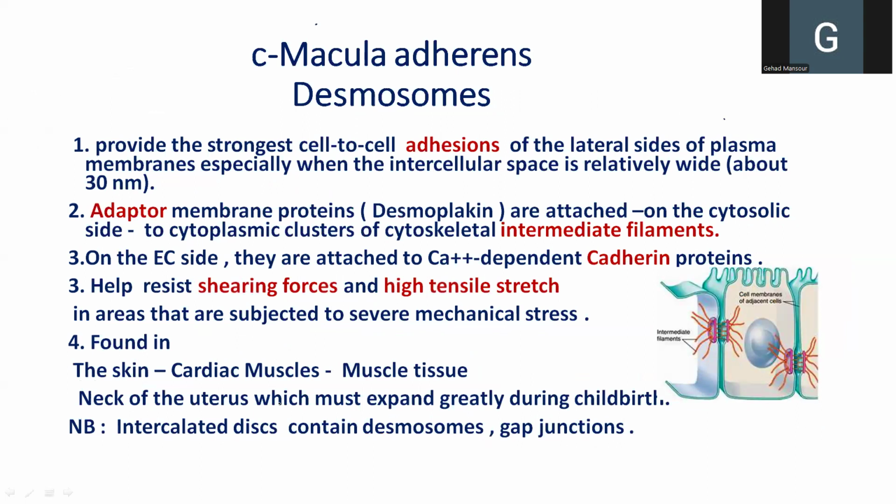The third group are the desmosomes, and the desmosomes are the strongest. So you might have noticed that the lowermost ones, which are the desmosomes, are the strongest ones. They are the strongest cell-to-cell adhesions, and they are there in particular when we have a relatively wide space between the cells.